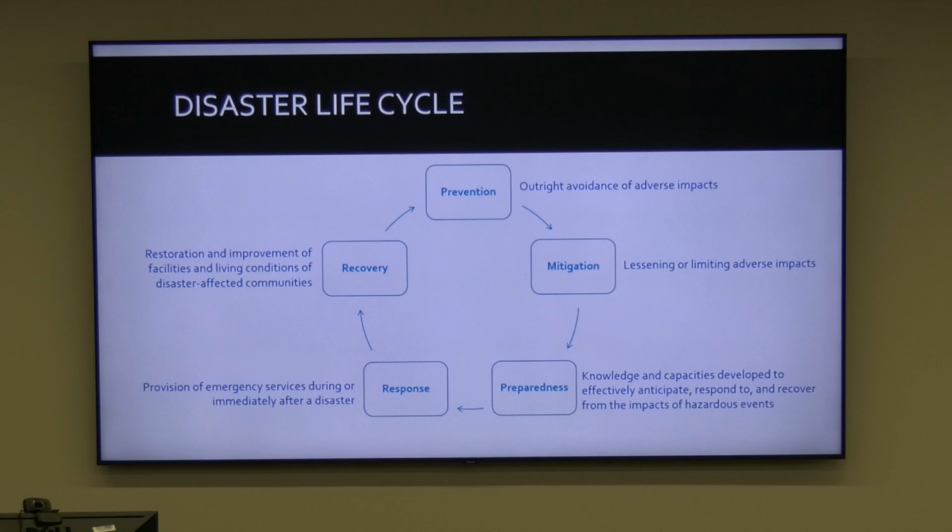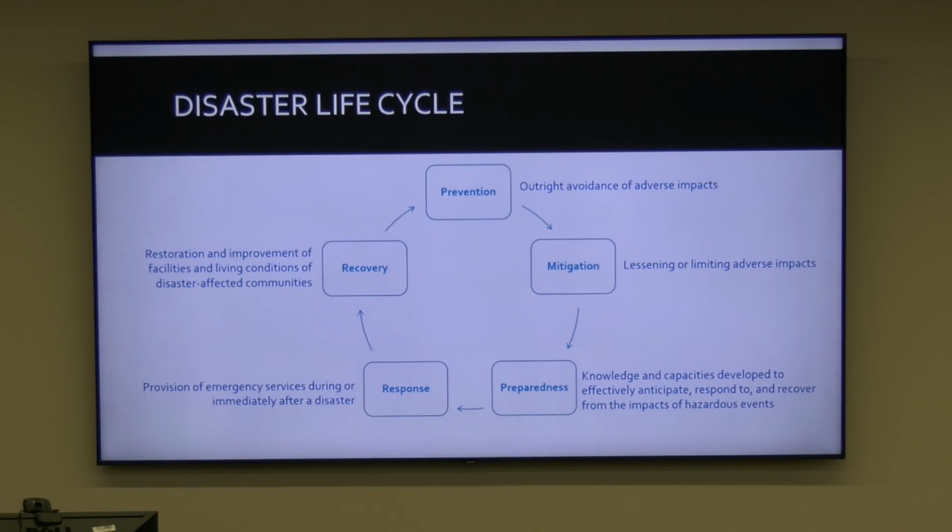So an example of this would be, like I mentioned, if we're talking about hurricanes. Preventing hurricanes would be, well, prevention would be just making sure that hurricanes don't happen, which is very unlikely. However, mitigation would be making buildings proof for hurricanes and storm situations.